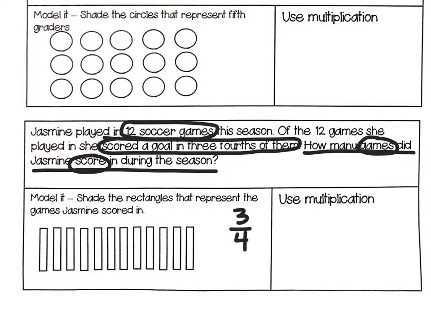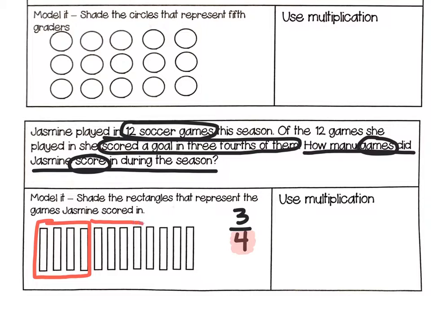And what we will use to help us determine how we group our soccer games is our divisor. So it tells me that 4 is my divisor, so I want to put 4 games in a group. So I'm going to say 1, 2, 3, 4.